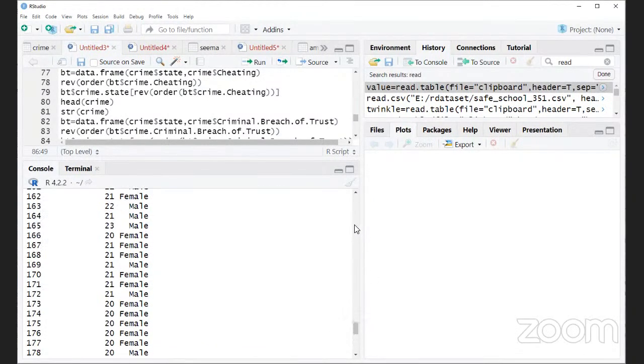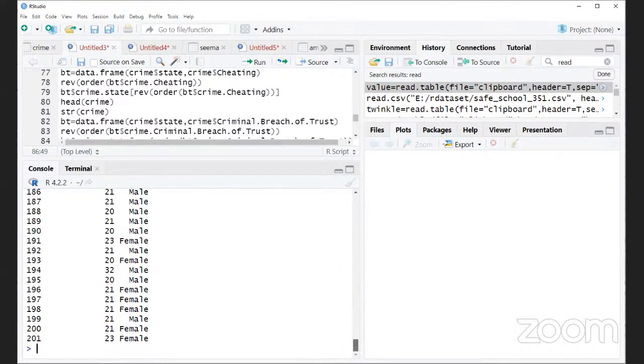Yeah. Now you write down t.test, bracket. What is the name of this? Anjali, dollar, age in years. Click it. Then tilde sign. Yes.